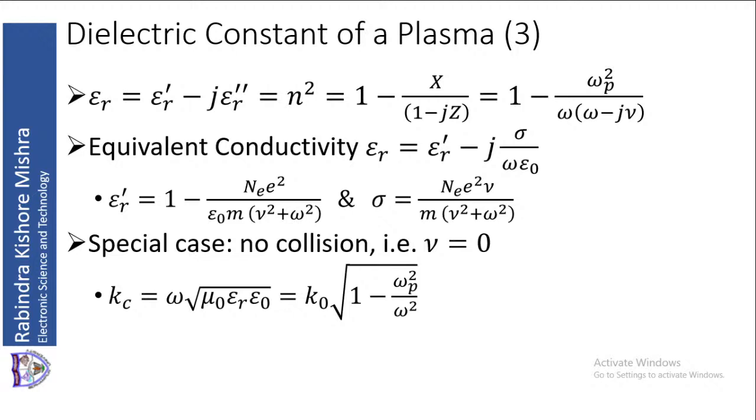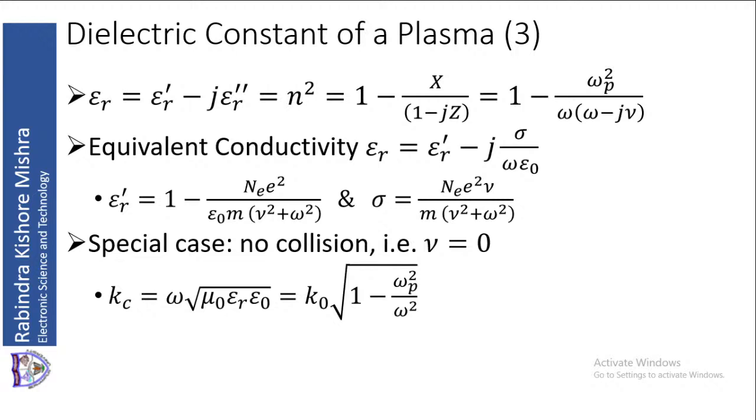So Kc is equal to omega root over mu 0 epsilon r into epsilon 0. That will be equal to K0, which is omega root over mu 0 epsilon 0, into root over epsilon r. Root over epsilon r, when you put nu is equal to 0, is equal to root over 1 minus omega p square by omega square.